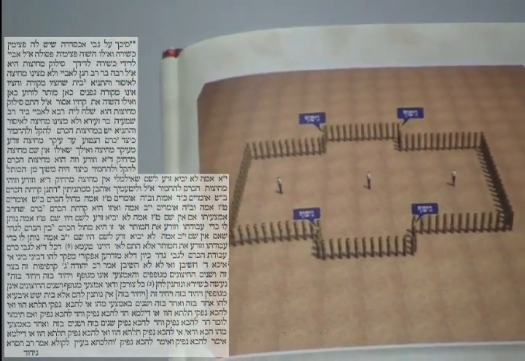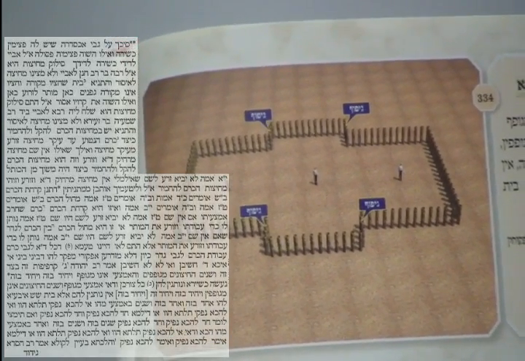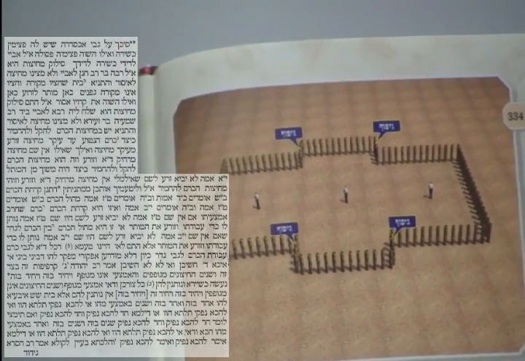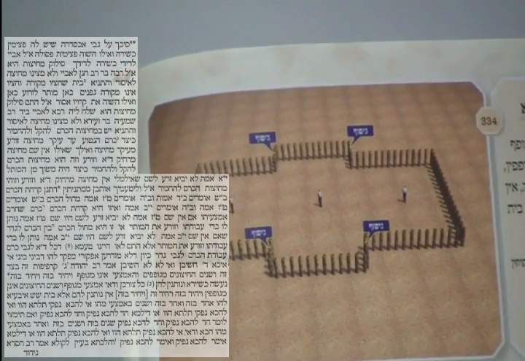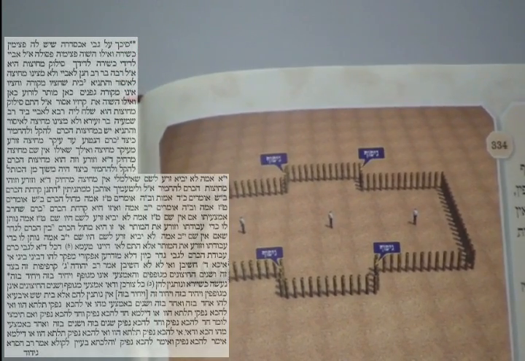So the answer is Vehilcheta ba'ayan lekula. So in this type of question you go lenient, which means we provide them with all the space that they require in these cases, and you treat them as a shayara, as a caravan.